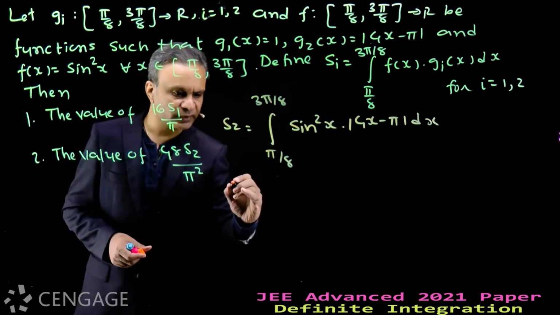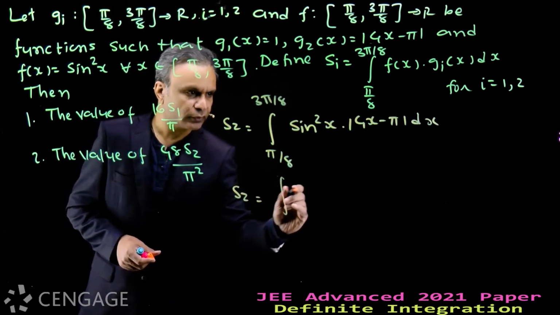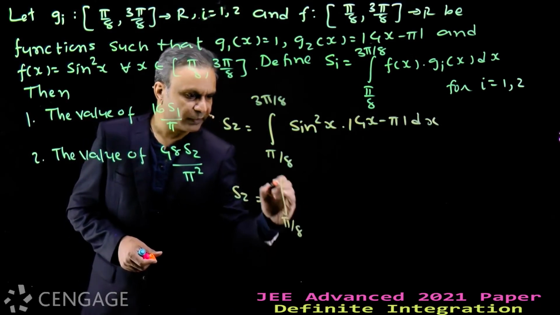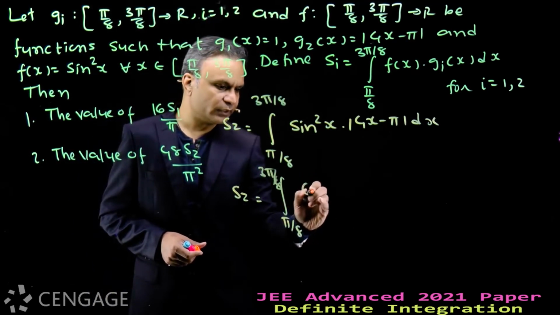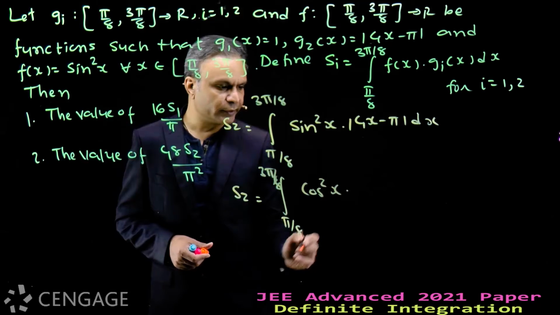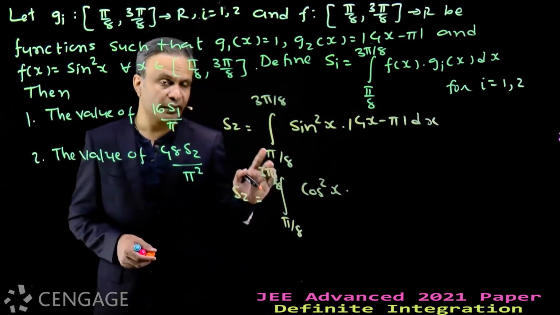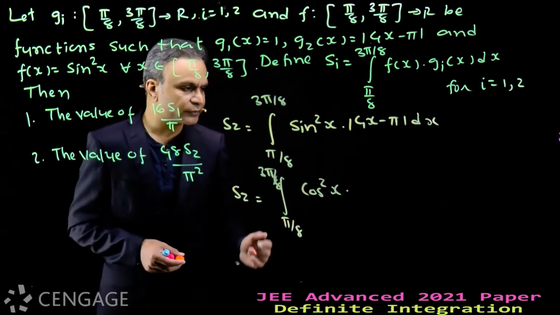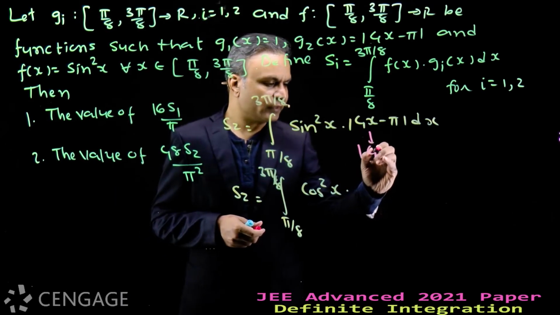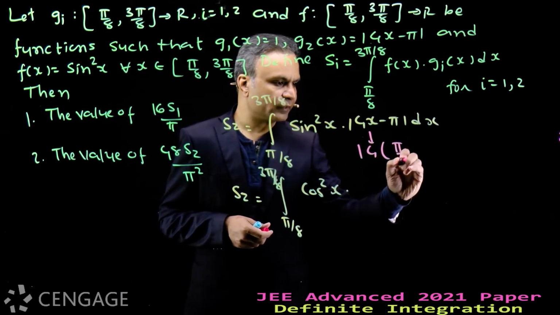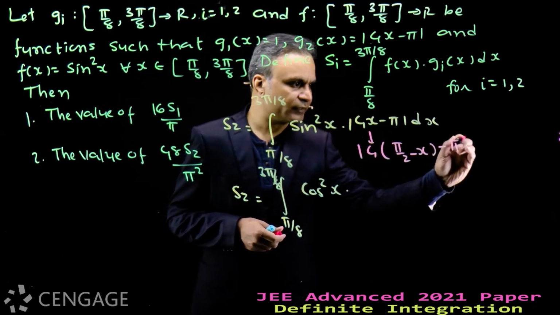With the same limits, we get S2 is equal to lower limit pi by 8, upper limit 3 pi by 8, and the integrand function will be cos square x into, replacing x with pi by 2 minus x, modulus of 4 into pi by 2 minus x minus pi.